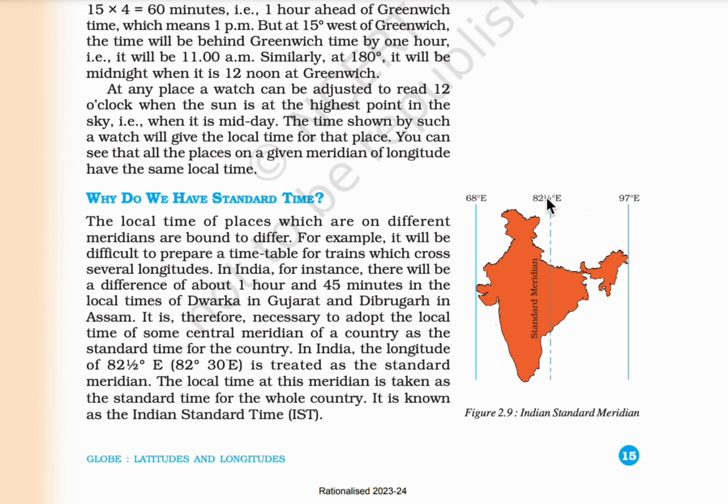This 82.5 degree east longitude is the standard meridian for India. This is a standard time measure. Based upon this, the time of India is calculated. So this 82.5 degrees is the Indian standard time.